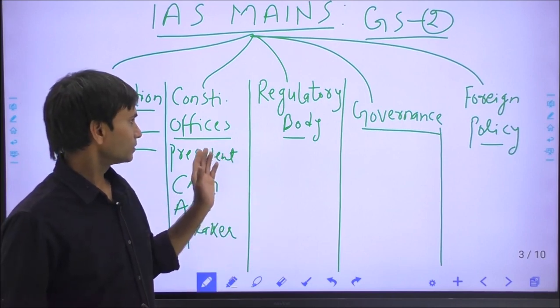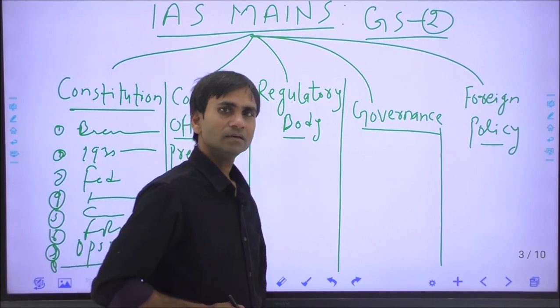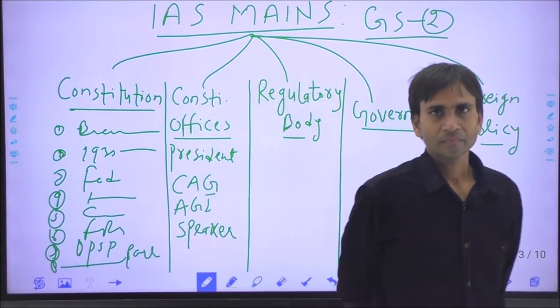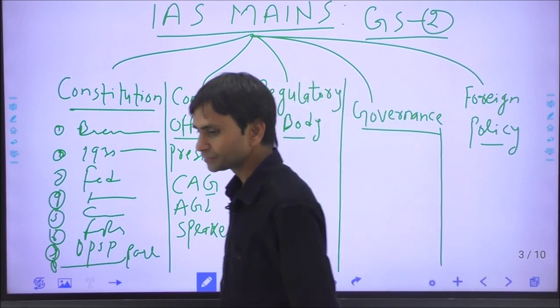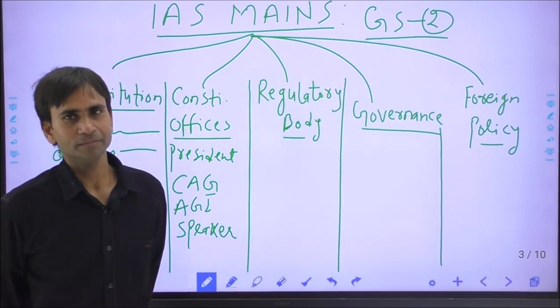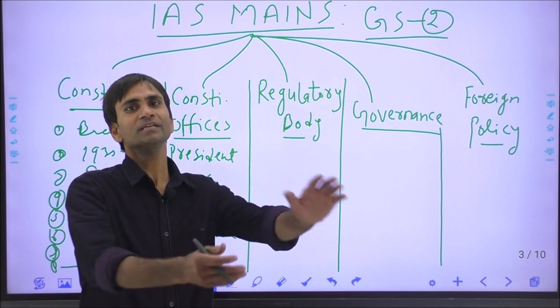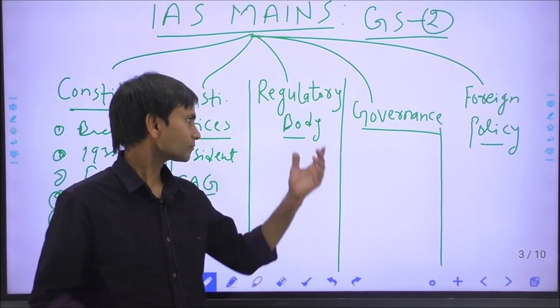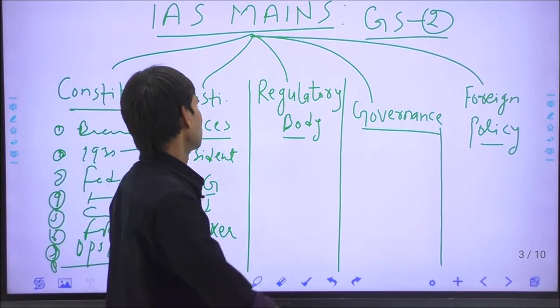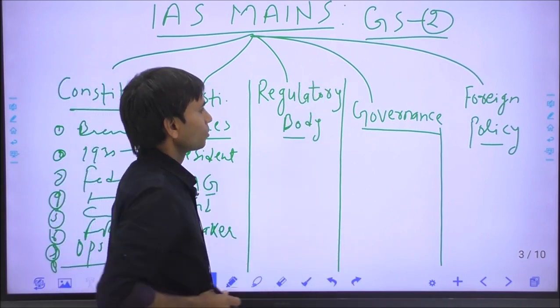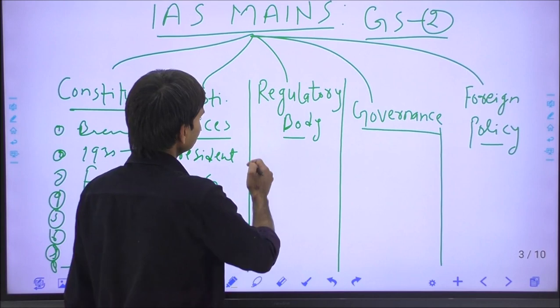In the last exams of general studies question papers, if you have observed, UPSC has asked questions from this topic many times. So first we will discuss some constitutional bodies.